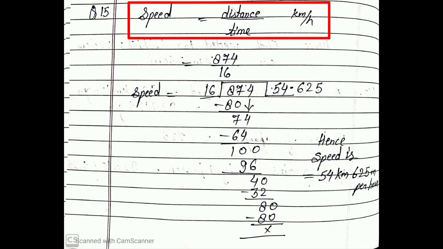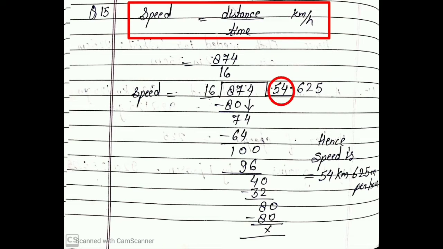So the formula is speed equals distance upon time. So here in the question, distance is given 874, time is given 16, hence the speed will be 874 divided by 16. So we will have the answer 54.625.